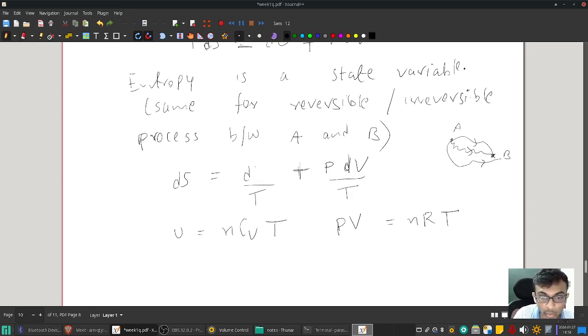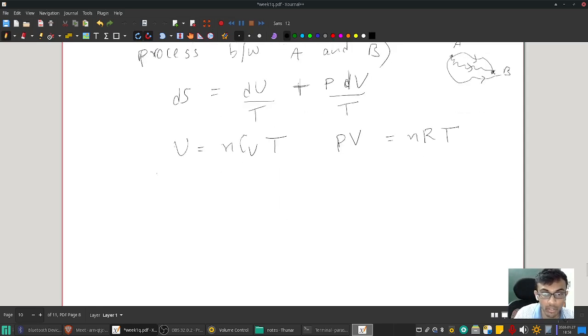So this is where we have used the fact that this is an ideal gas.